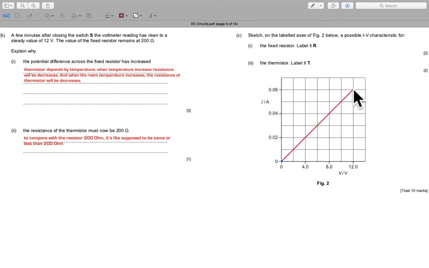This is the fixed resistance, for R. So what about thermistor T? The thermistor is less than R.